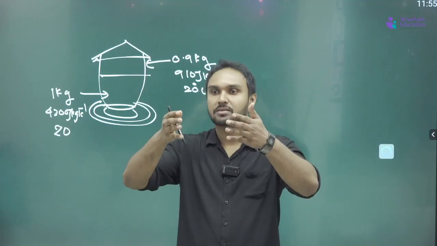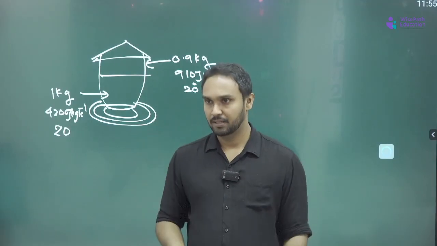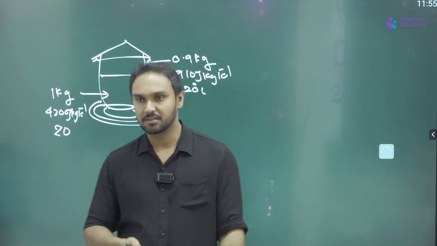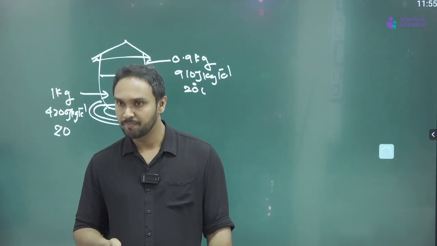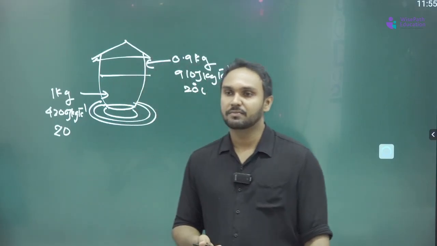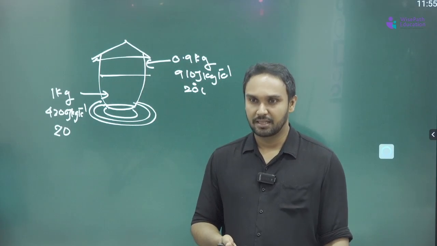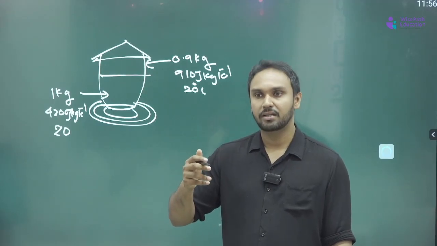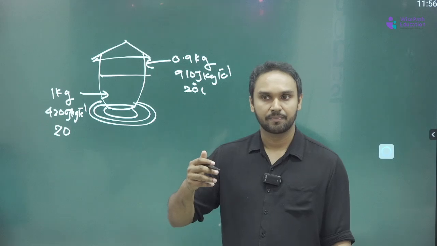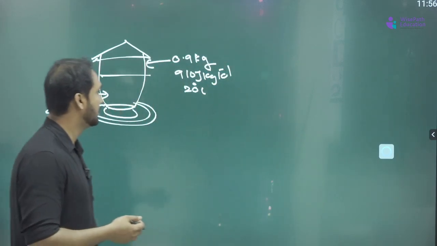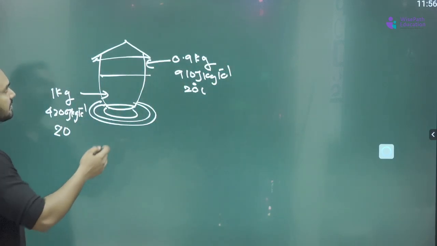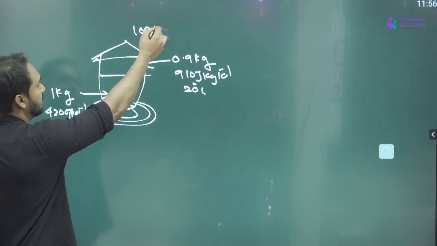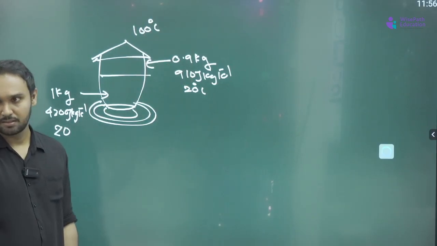So at the end it has to come to equilibrium, so final temperature is also the same. They are asking for the efficiency, and they are heating it to boil the water. So the boiling temperature of the water is how much? 100. So the final temperature of both will be 100 degrees Celsius. That is the final.